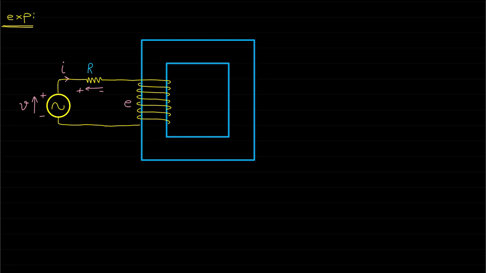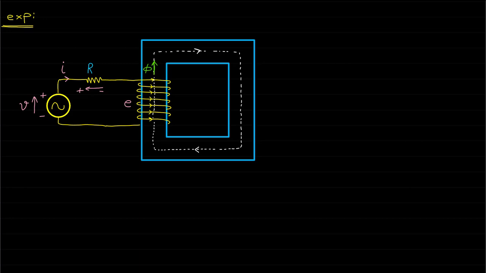Based on the assigned voltage and current directions, the polarity of the magnetic field phi can be determined based on the right-hand rule. To identify the polarity of the induced voltage E, Lenz's law will be applied as follows.